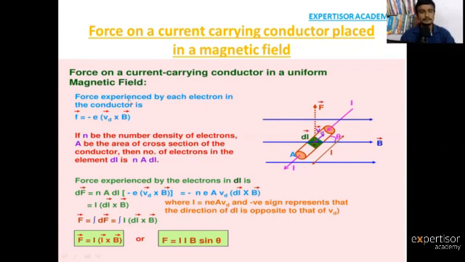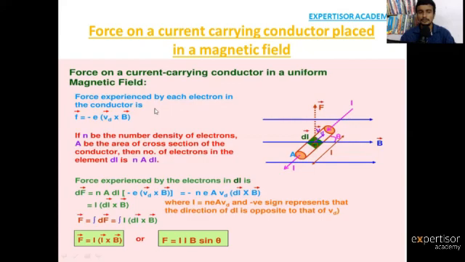Look here. Force on a current carrying conductor in a uniform magnetic field. The force experienced by each electron in the conductor is F equal to minus e, the charge of the electron, into drift velocity into magnetic field.